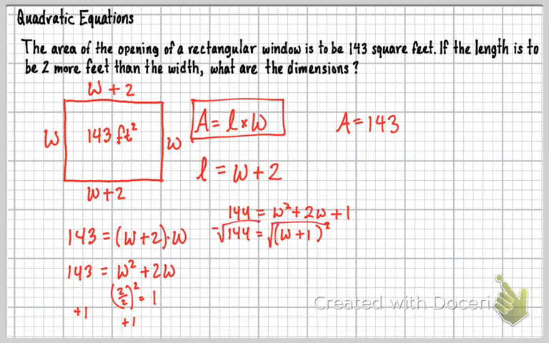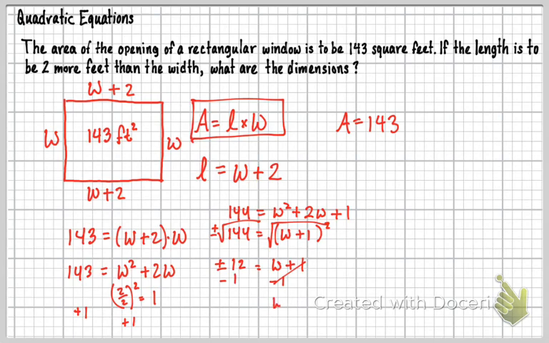And remember, when I square root, it's plus or minus. So then this is going to be w plus 1 equals plus or minus 12. So then w is going to equal, oh, let me show that step. So now I'm going to subtract 1 from both sides.